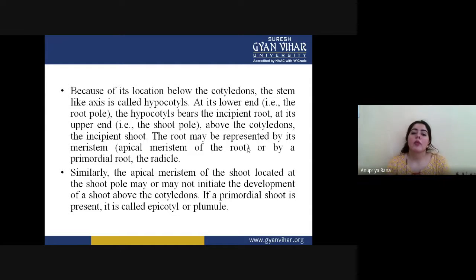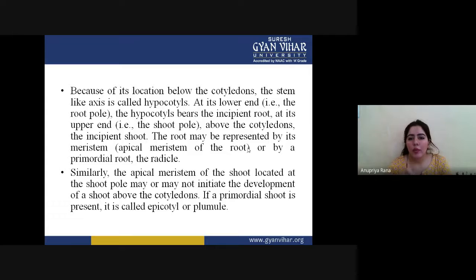Now, because of its location below the cotyledon, the stem-like axis is called the hypocotyl. We know that if the location of a particular object is below the axis, down the axis, then that thing is known as the hypocotyl.